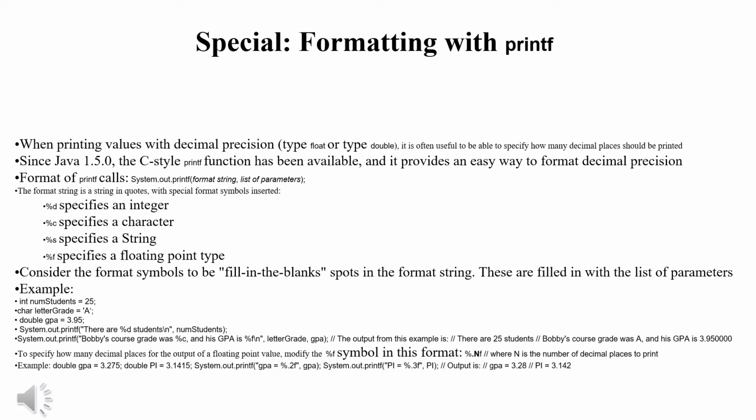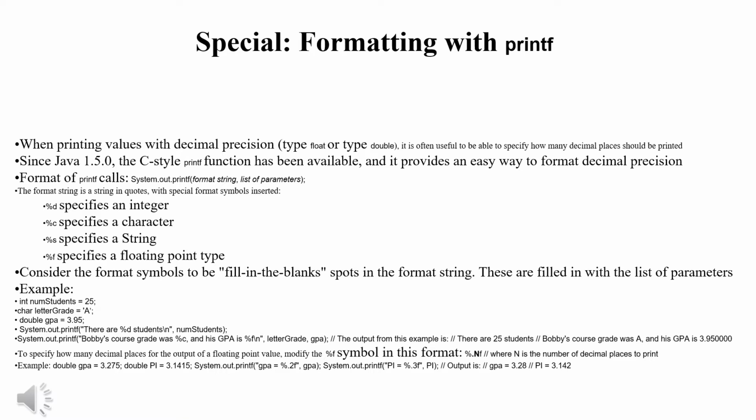So if that variable is going to be an integer, then you will use %d. If the type of that variable is a character, then you will use %c. If the type of that variable is a string, you will use %s. If the type of that variable is floating point, then you will use %f, right?